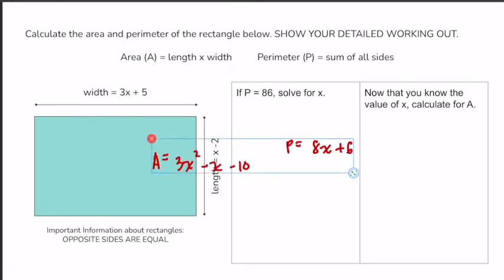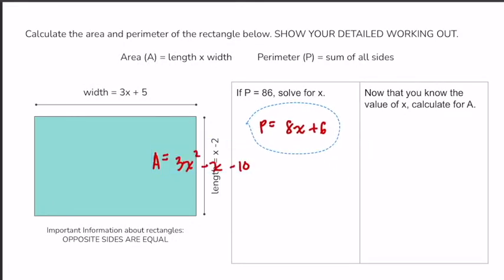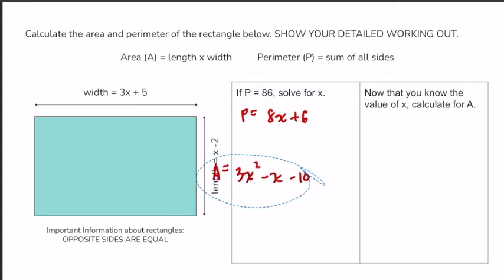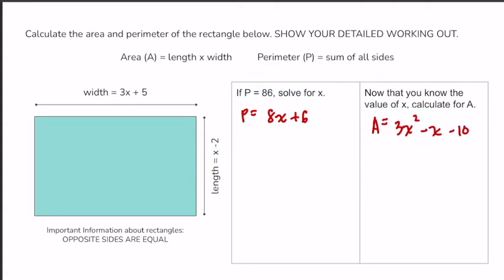Okay, so as you can see here, the value for perimeter is given. We know perimeter is 86. So let's solve by substitution and solve for x, okay? So since we know perimeter is 86, I already replaced P by its value, 86, is equal to 8x plus 6.